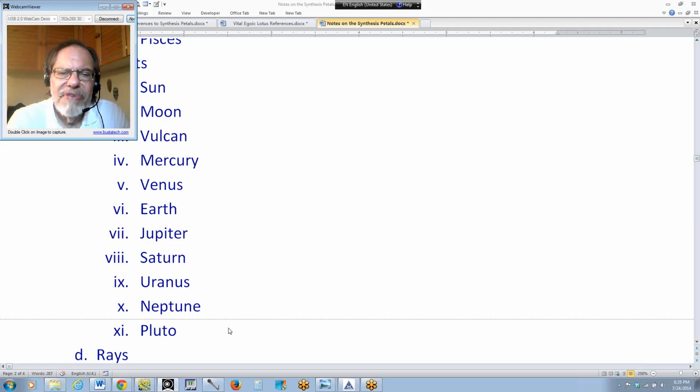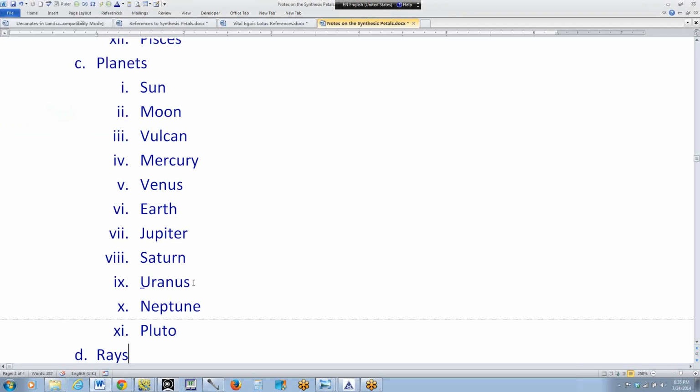So Uranus has this factor of electrifying oneness and of essentialization, archetypalization, and reveals the right archetypal relationship between the units of knowledge which are coming into unity and finally into synthesis.